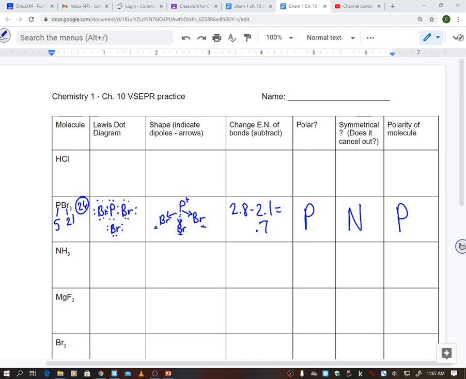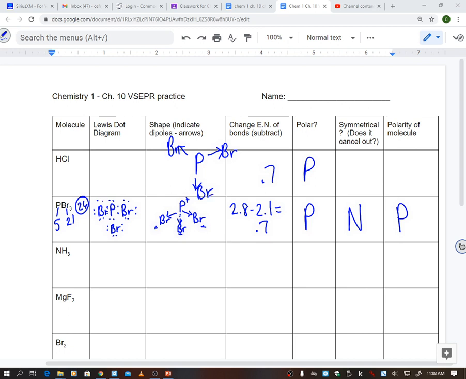Here's the thing: you can have some things where, when you subtract the numbers, it looks non-polar, but then it cancels, or it looks polar, but then it cancels out, which makes it non-polar. Say, for instance, that this was a trigonal planar. My arrows are pointing out, and I would say it's 0.7, so that says it's polar, but does it cancel out?